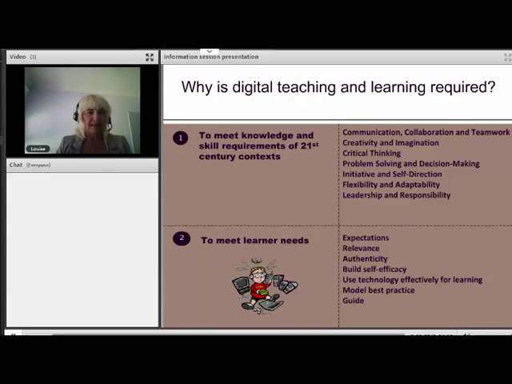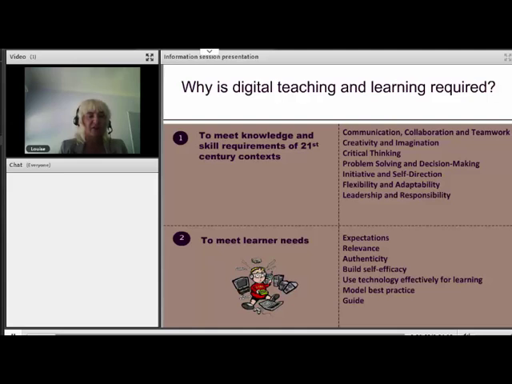So why do we need digital teaching and learning? We need to meet the needs of learners in all contexts for the 21st century. And when I say all contexts, I don't mean just learning. I mean in the real world, in jobs. They need to be able to communicate, collaborate and use teamwork effectively, not just face-to-face, but digitally as well.